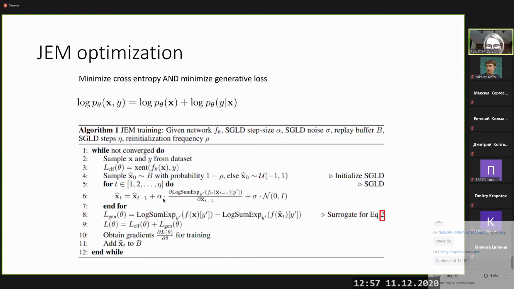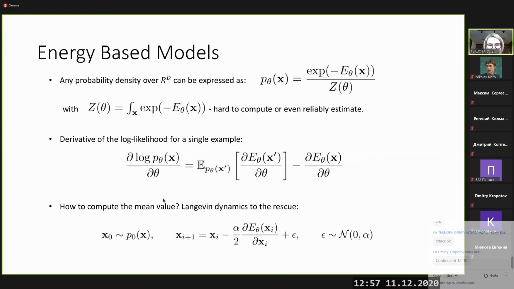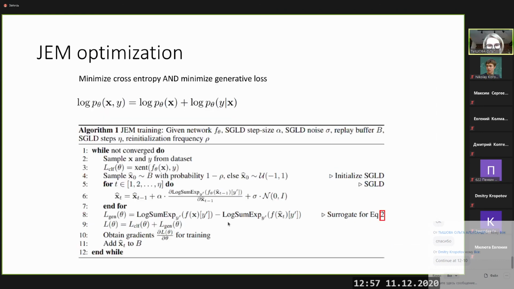If we recall the standard Langevin scheme from the energy-based models, sigma should be equal to our learning rate. In the paper, in order to train the JEM, the authors decreased the variance of our random variable epsilon by a factor of 10 relative to the learning rate. So sigma is actually alpha divided by 10.